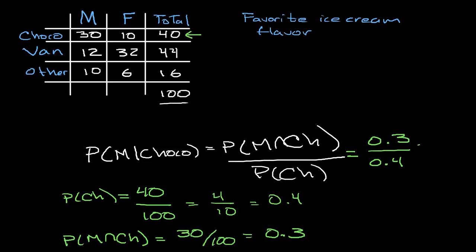So this is the conditional probability using the definition, but of course you can see that you can just take the information from the table to derive these probabilities. So it's not so hard. So this is everything about conditional probability.